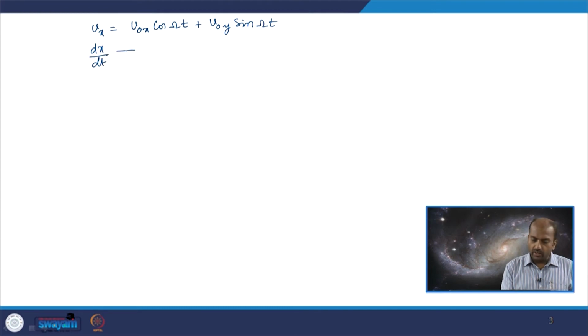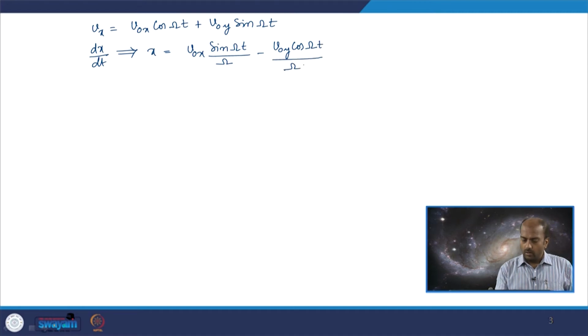If you integrate this expression, we get x is equal to V0x sin omega t divided by omega minus V0y cos omega t divided by omega. Let us call this expression D.